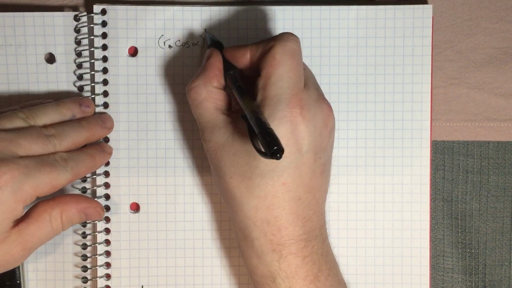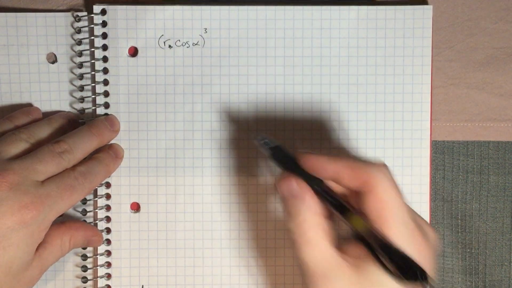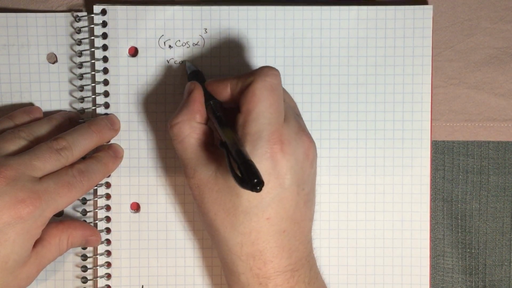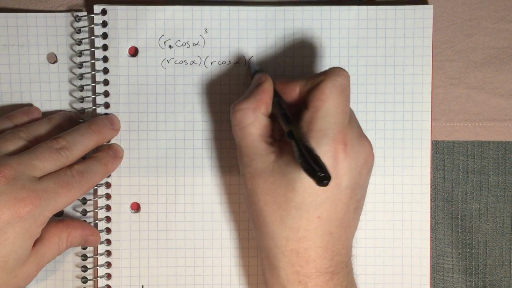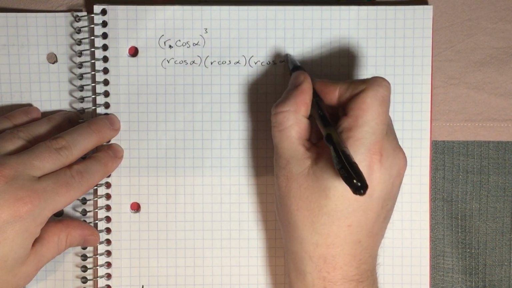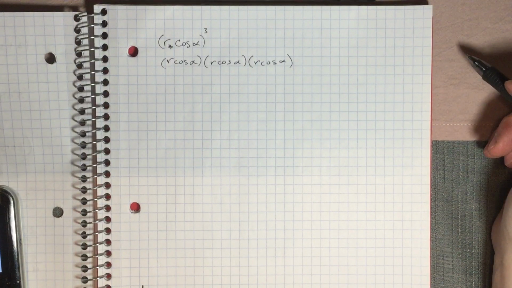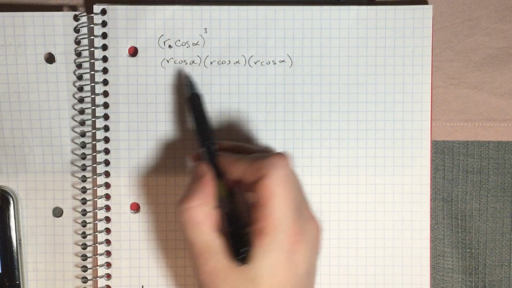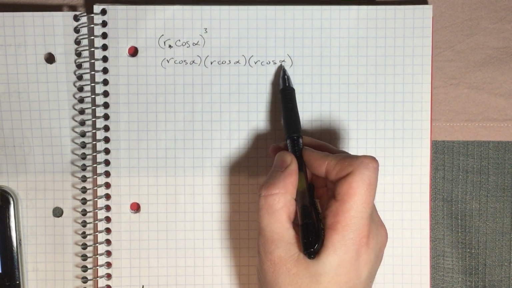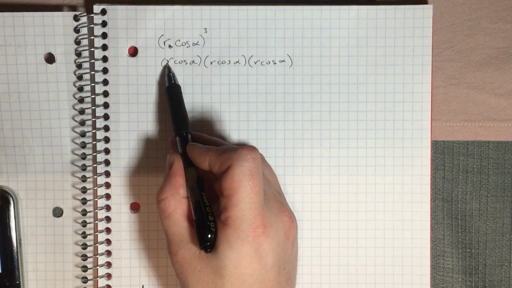All right, I want to cube this number, so I want to bring it to the third power. So that means r cis alpha times r cis alpha times r cis alpha. Well, we just learned how to multiply complex numbers in trigonometric form. Here we have three of them, but that's okay. We'll multiply the r's.